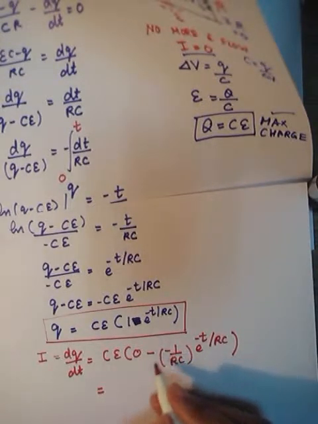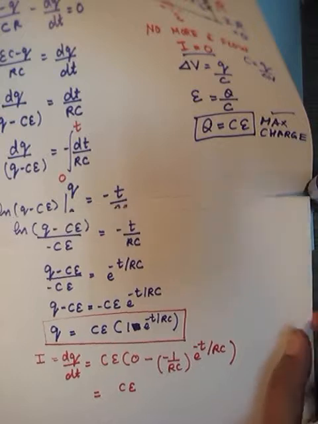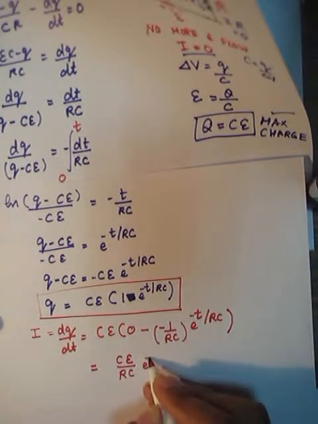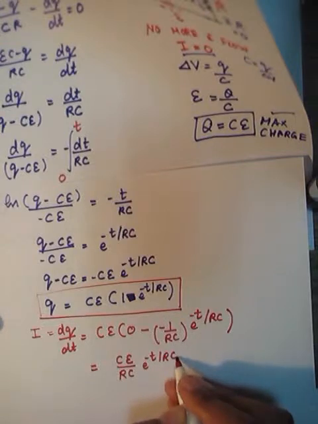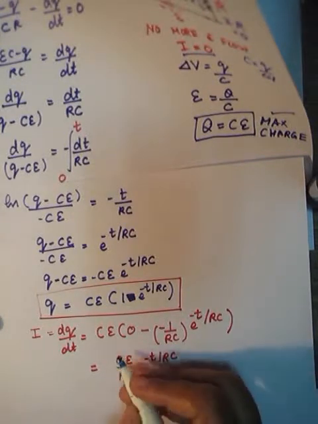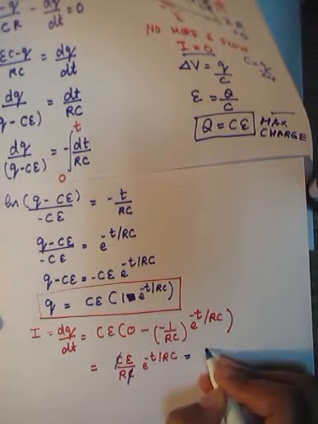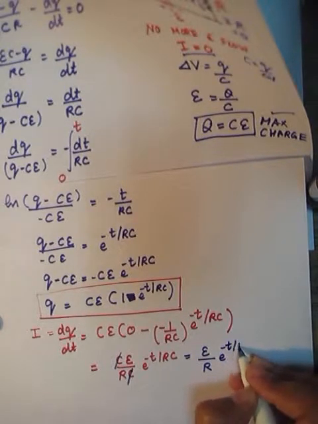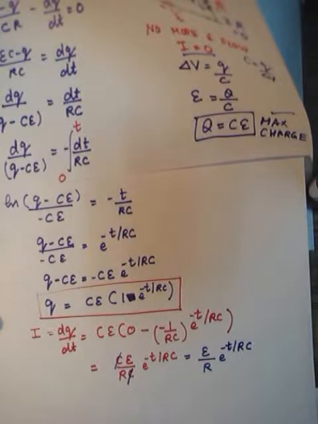So what we get from here is C epsilon divided by RC exponential minus t upon RC. So C will cancel with C, and it will be epsilon upon R exponential minus t upon RC. So this is how the current will vary.